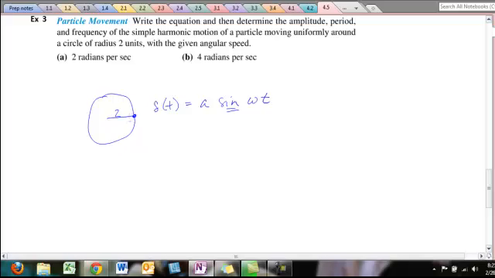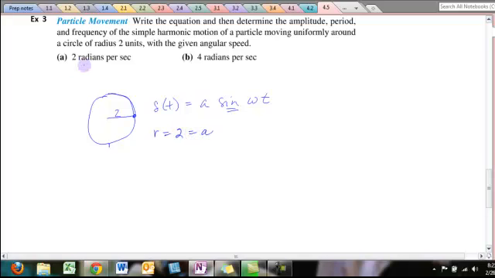And I know that I have a radius of 2 units, which means when I move around, the maximum height this is going to give me as I move in this direction is still going to be that radius of 2. The minimum is going to be down here and still have 2. In other words, because the radius is 2, that's also the amplitude.